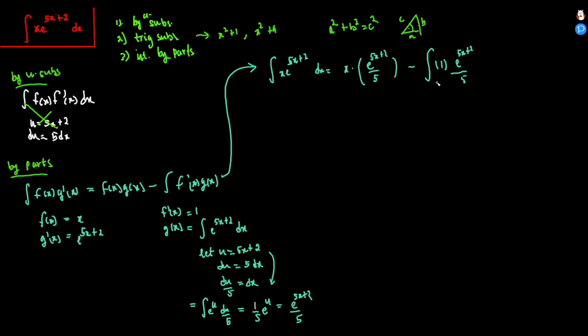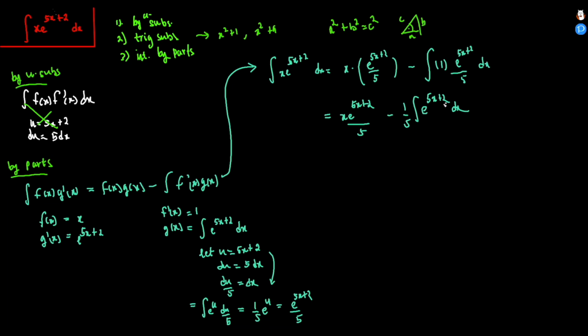Now we can pull this 1 over 5 outside. That gives us x e to the 5x plus 2 over 5 minus 1/5 times the integral of e to the 5x plus 2 dx.